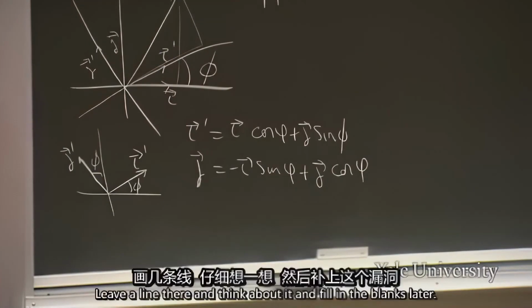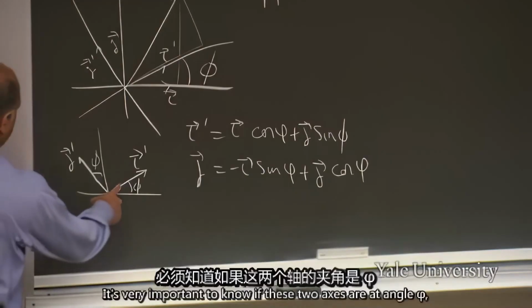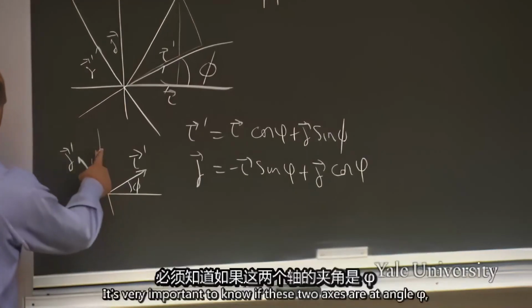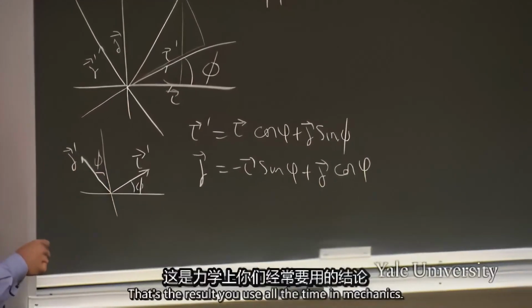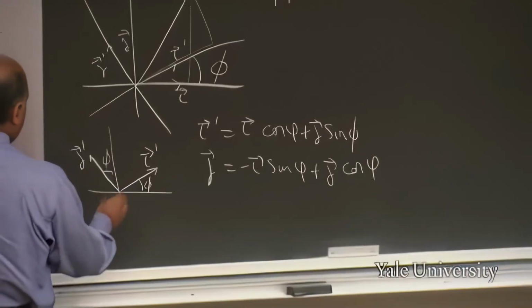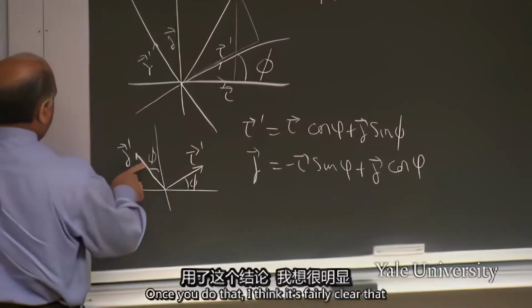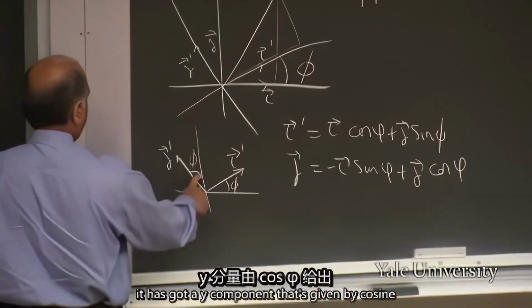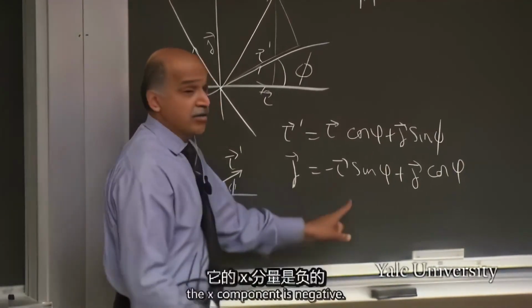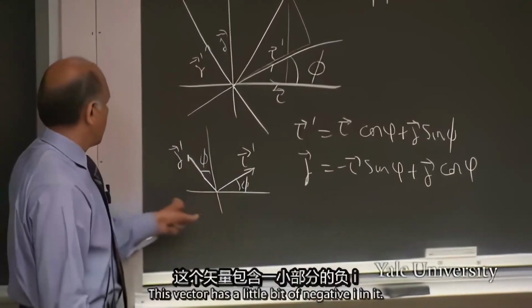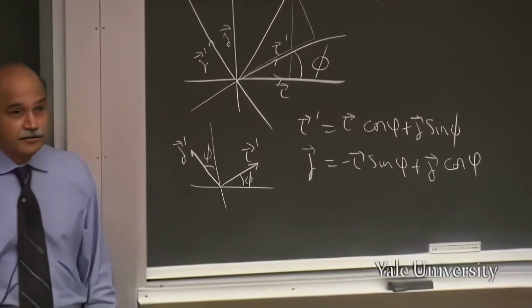Leave a line there and think about it and fill in the blanks later. Very important to know, if these two axes are at angle phi, those two axes are also at angle phi. That's the result you use all the time in mechanics. So once you do that, it's fairly clear that it has a y component given by cosine phi, an x component given by sine phi, but the x component is negative, because this vector has a little bit of negative i in it.